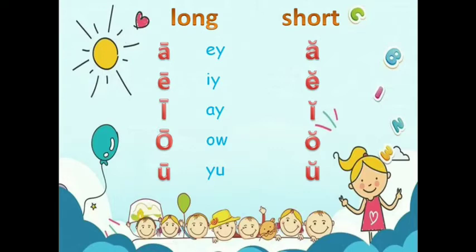Can you practice? Open your mouth and then say it again. Ah. While E is not E, but it's eh. I is not I, but you will pronounce it as ih. O is not O, but o. While U is not U, but uh.